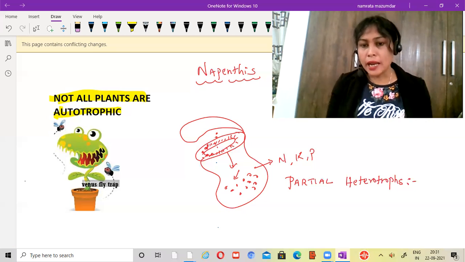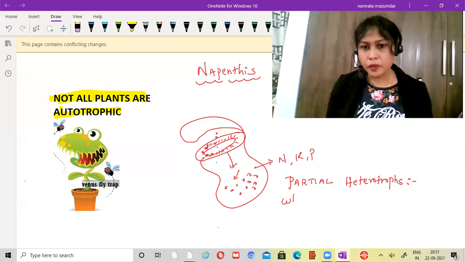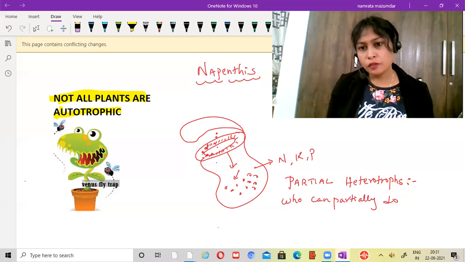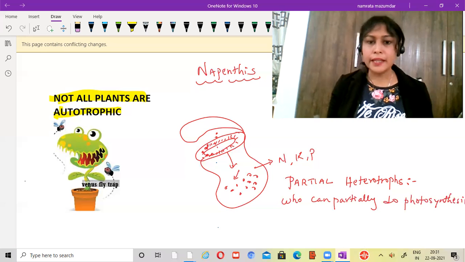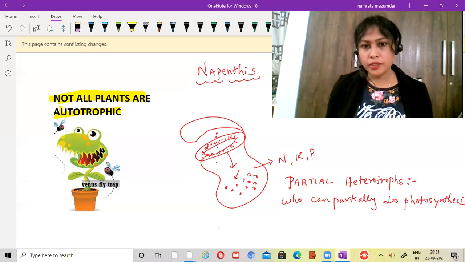So partial heterotrophs are those that can partially do photosynthesis. Meanwhile, they are heterotrophs.